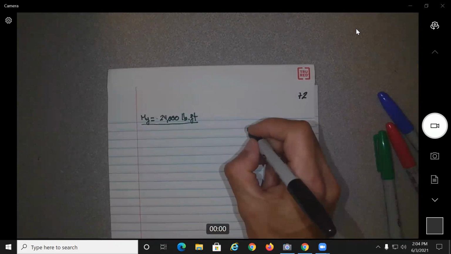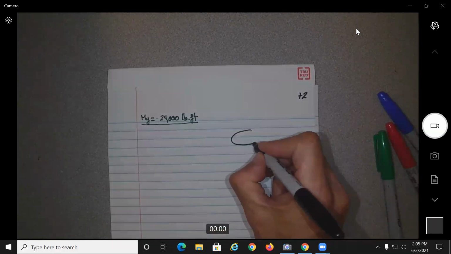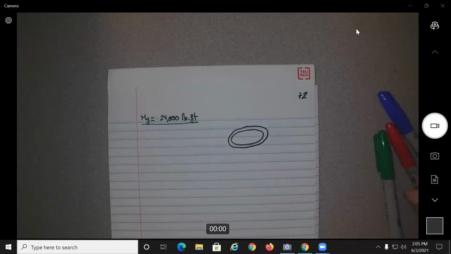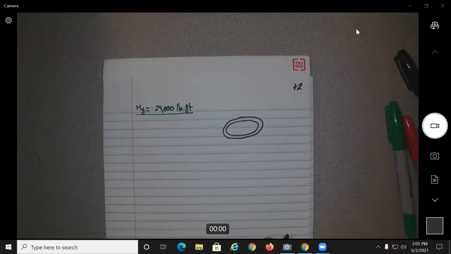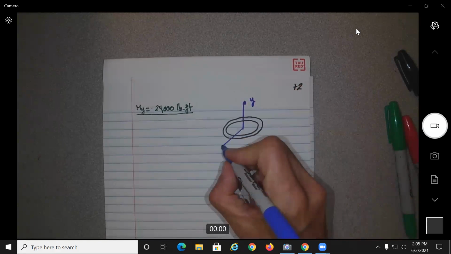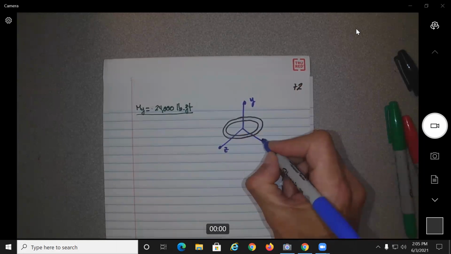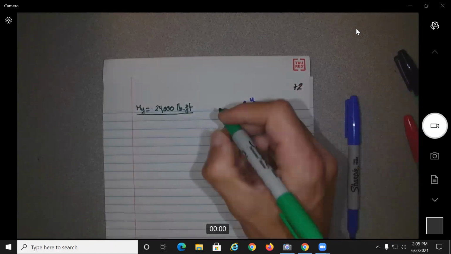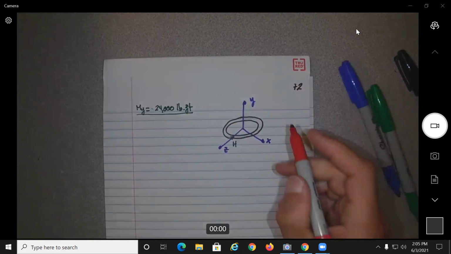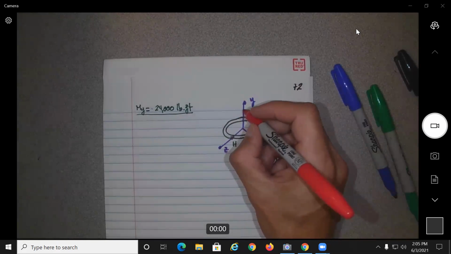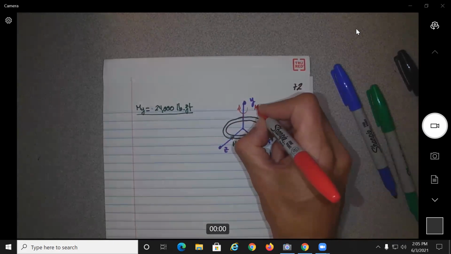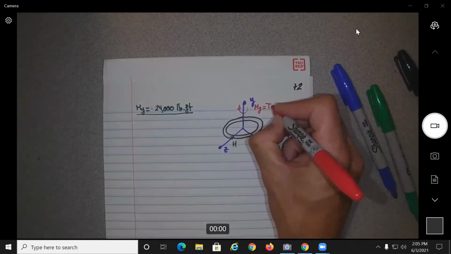So again, I'm going to do a small figure like I did before. You see that figures are extremely important, no? There's no way to get results without figures. So Y, Z, X, this is our point H, and My is negative, meaning that it's going to go clockwise over here. But we see this time that what My is really doing is creating a torque.